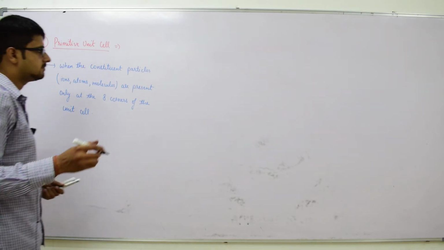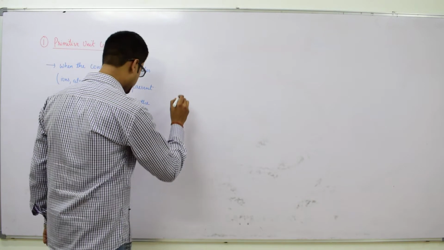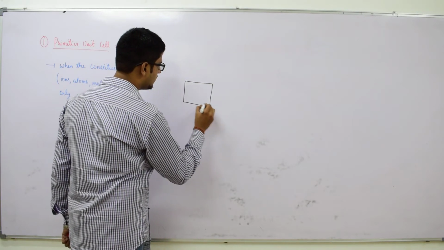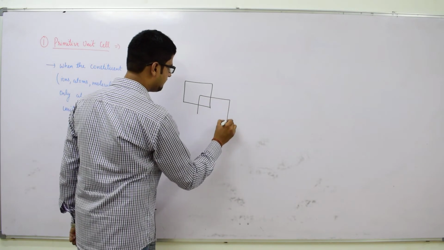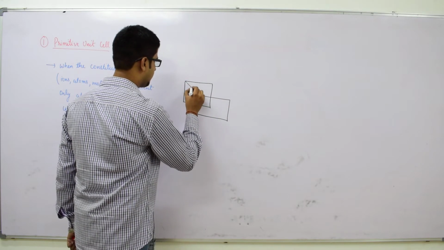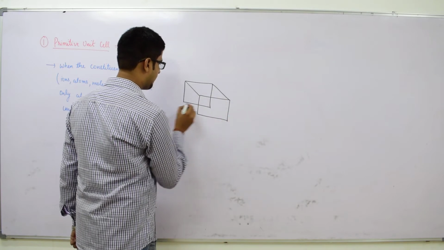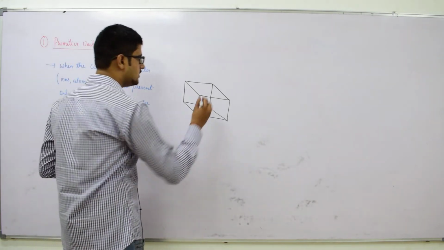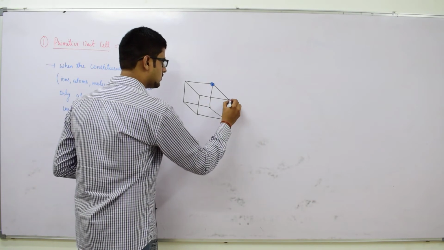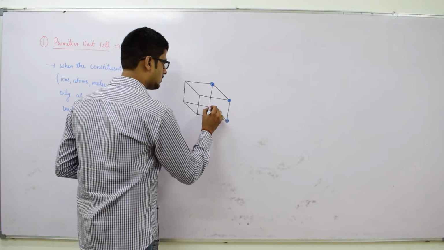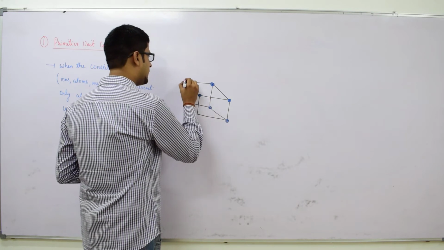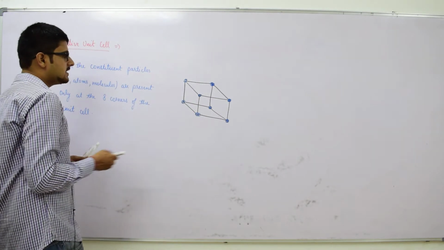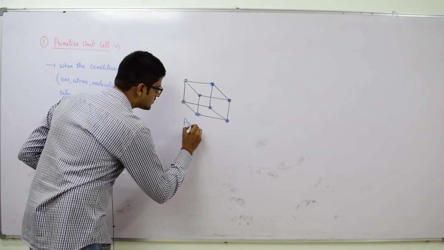If we see the arrangement, let this be a unit cell. These are the 8 corners, and if the particles are present only on the 8 corners, it is an example of primitive or simple unit cell.